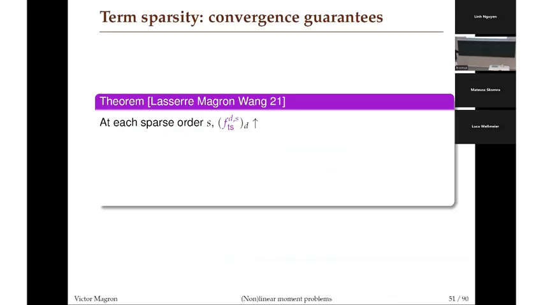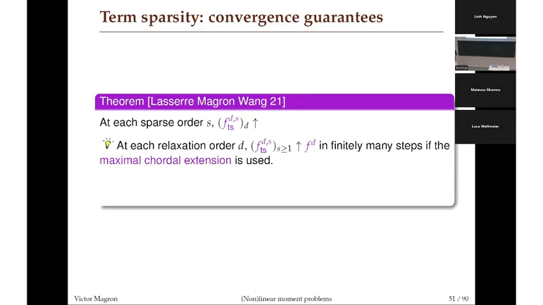Okay, and then there are some nice convergence guarantees, and also some nice bounds. So if you fix a sparse order, so the sparse order is the number of times you added new edges, but then consider two levels of the initial hierarchy, you get increasing bounds. It's not too hard to prove.